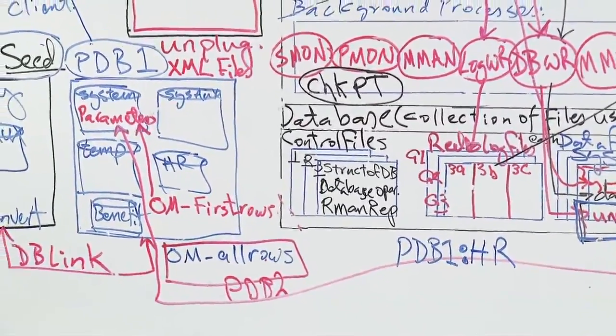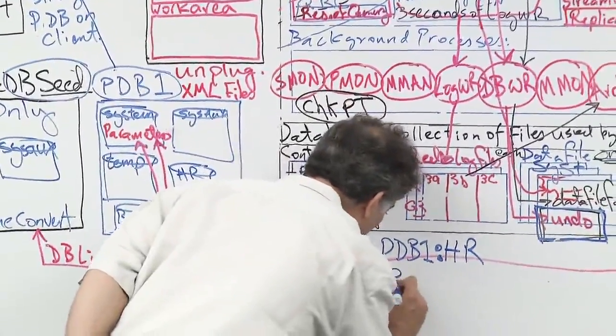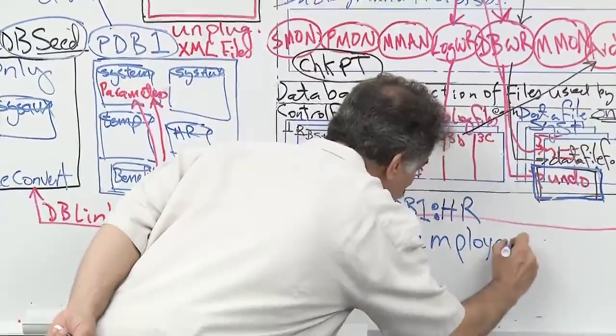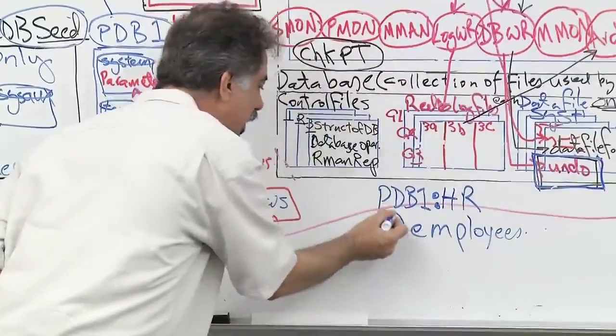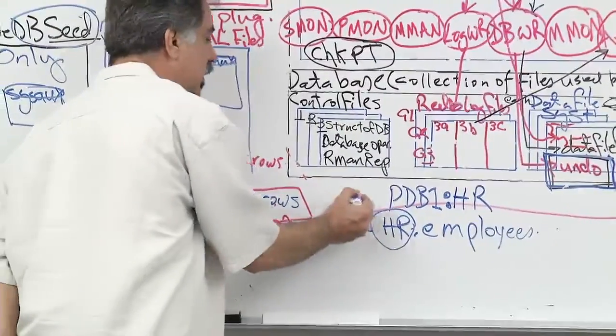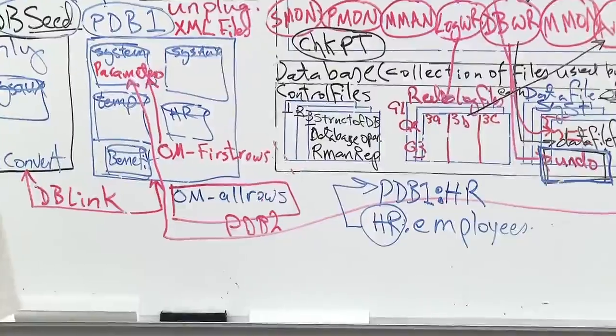When you create a table, so let's say now I have the HR.employees table, and when I go read the metadata for the HR, I can see that HR is now located in the PDB1. Okay?